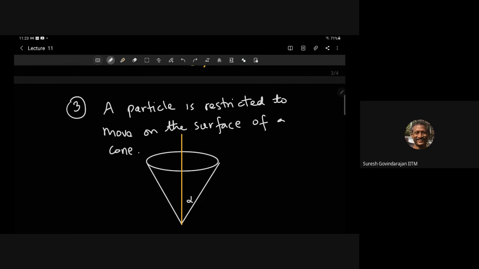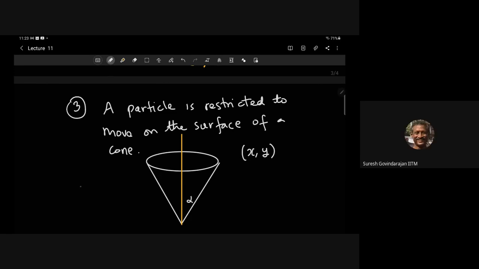So you're choosing coordinates x and y. How do you determine z from x and y? Z squared is equal to x squared plus y squared.